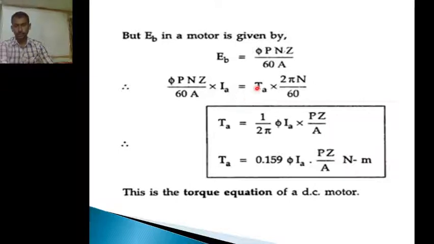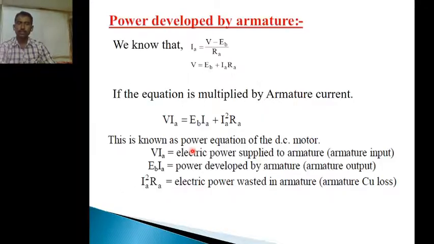If you make only Ta on one side, then Ta is 1 by 2 pi into phi into Ia into PZ by A. The value of 1 by 2 pi is 0.159. So the torque of the armature is equal to 0.159 into phi into Ia into PZ by A Newton meter. The unit for the torque is Newton meter. So this is the torque equation of the DC motor.